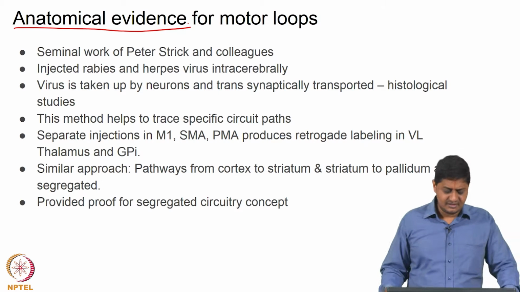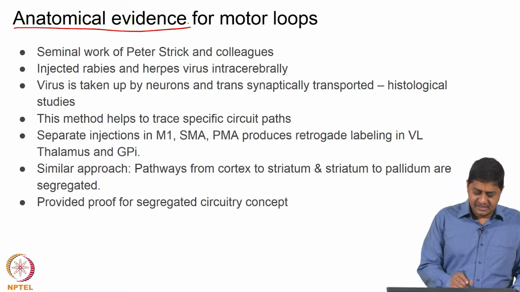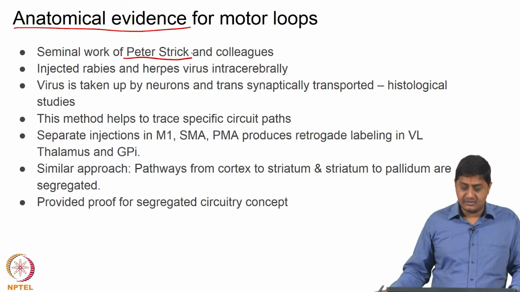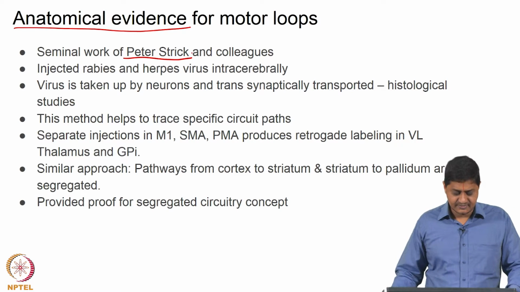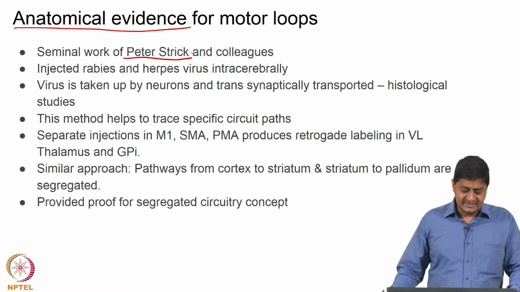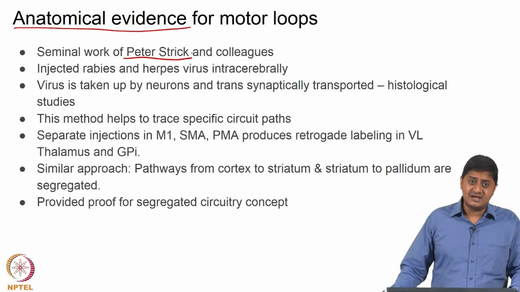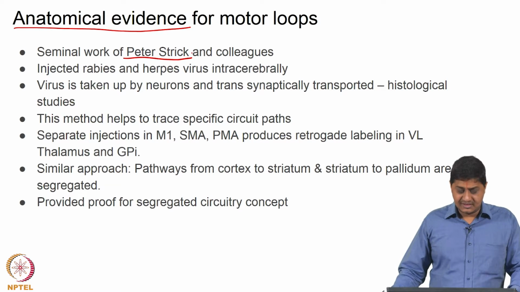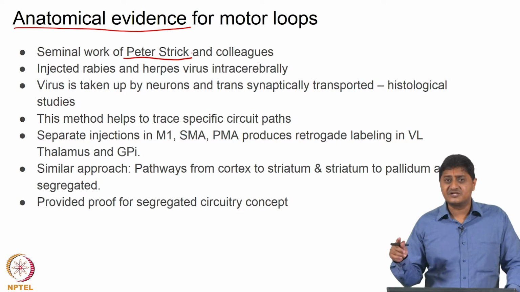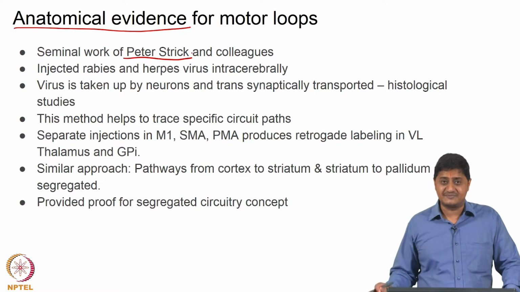How is this done? This kind of work was pioneered by Dr. Peter Strick and his colleagues. What they do is they inject rabies and herpes viruses intracerebrally, and it turns out that these viruses can be transported across synapses, right.